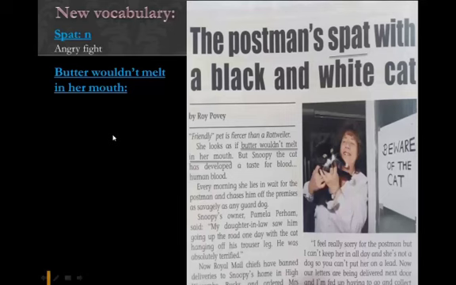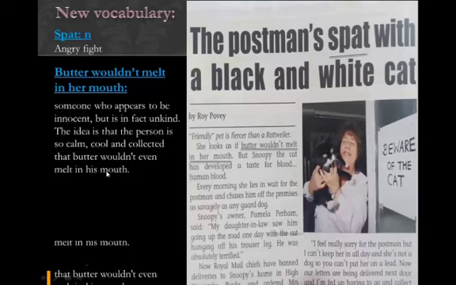This expression, when you say butter wouldn't melt in her mouth, means someone who appears to be innocent but is in fact unkind. The idea is that the person is so calm, cool, and collected that butter wouldn't even melt in his mouth.